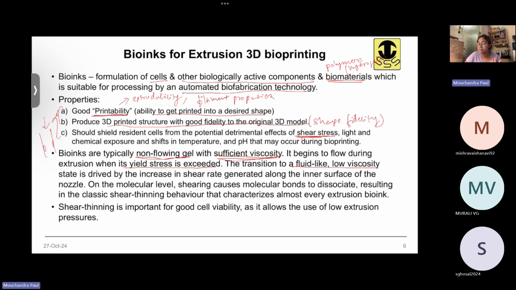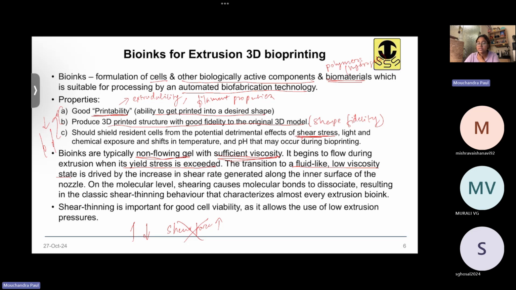Let me quickly describe again: shear thinning fluids are those fluids whose viscosity decreases when shear forces are applied, and as soon as you remove the shear force, the viscosity increases. These kinds of shear thinning fluids are usually used as bioinks for this technique.